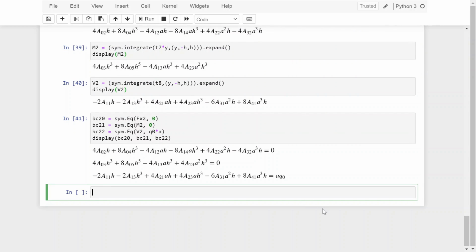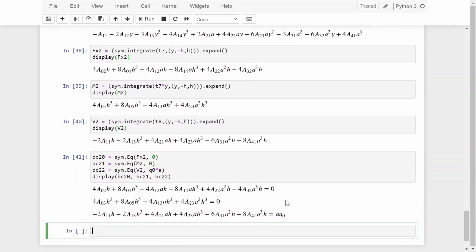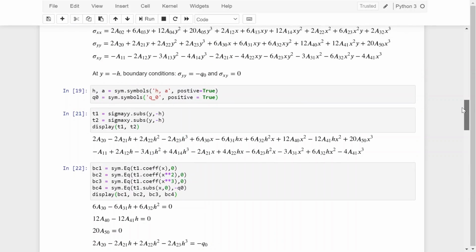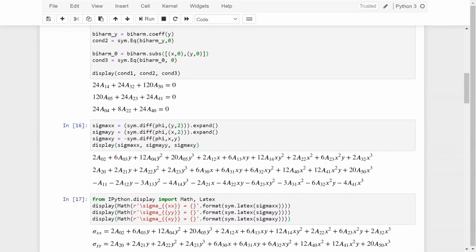All right, so you see we have quite a long list of equations. We have 3 here. Okay, so as you can see, this is BC 22 already, and in addition to these 22 equations, we also had those 3 conditions at the very beginning. Okay, so these 3 conditions. So our job now is to solve these 3 plus 22 equal to 25 equations simultaneously.